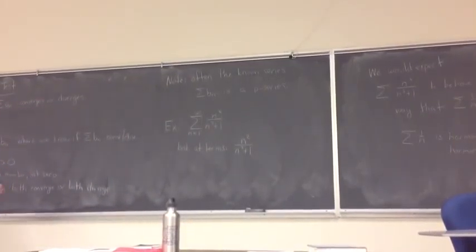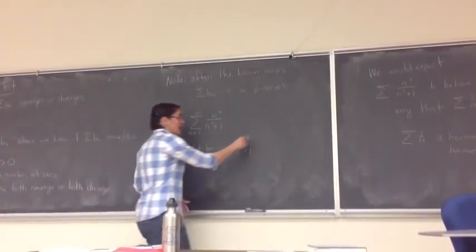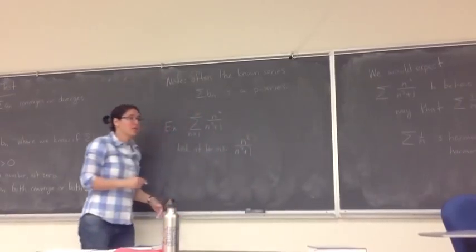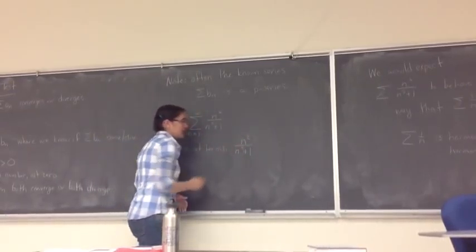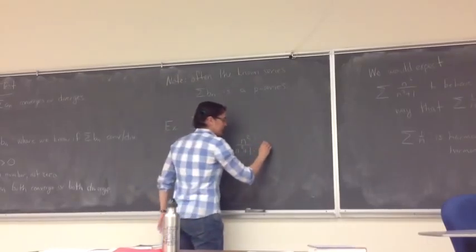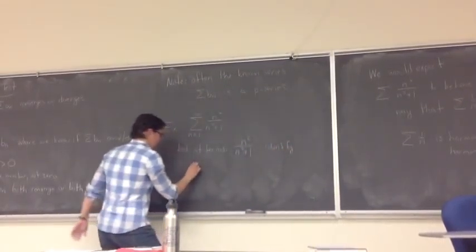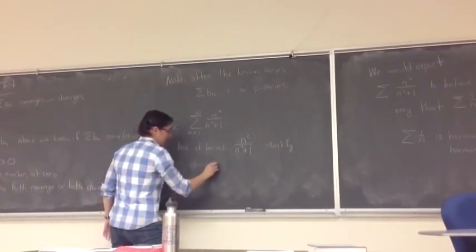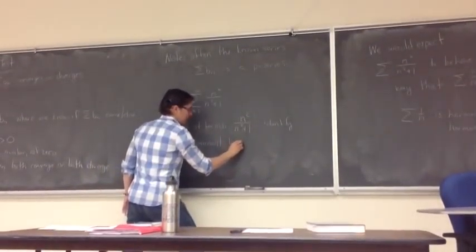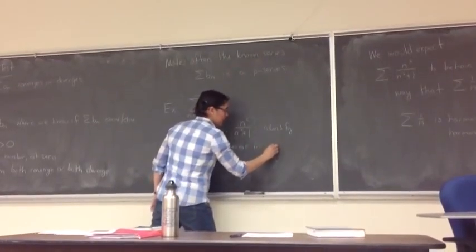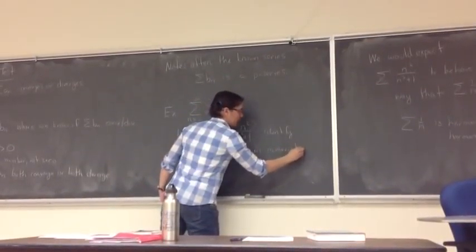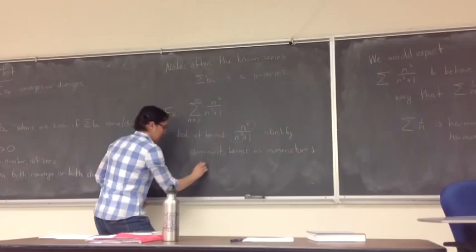And from these terms, I'm going to look at the dominant term in the numerator and the dominant term in the denominator. So, identify the dominant terms in the numerator and the denominator.